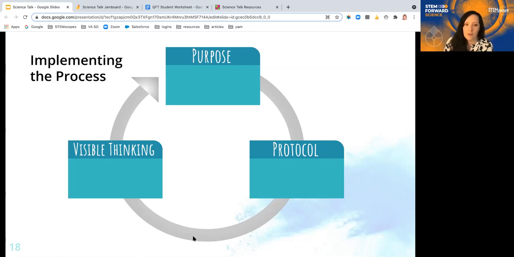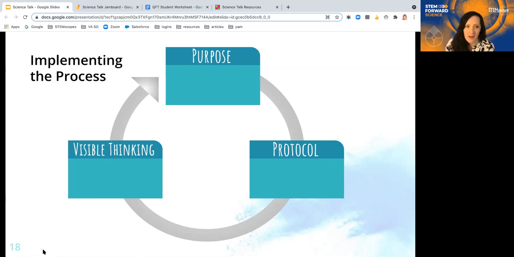What is a protocol that's going to make this equitable in my classroom? How am I going to be able to see my students all participate in this one action, and then make sure that they're making meaning of it through that visible thinking, either routine or strategy that you may be incorporating along the way. So those are the 3 major things that we want to really be focusing on when we're trying to pull in more of that meaningful talk to encourage those student voices in our schools.